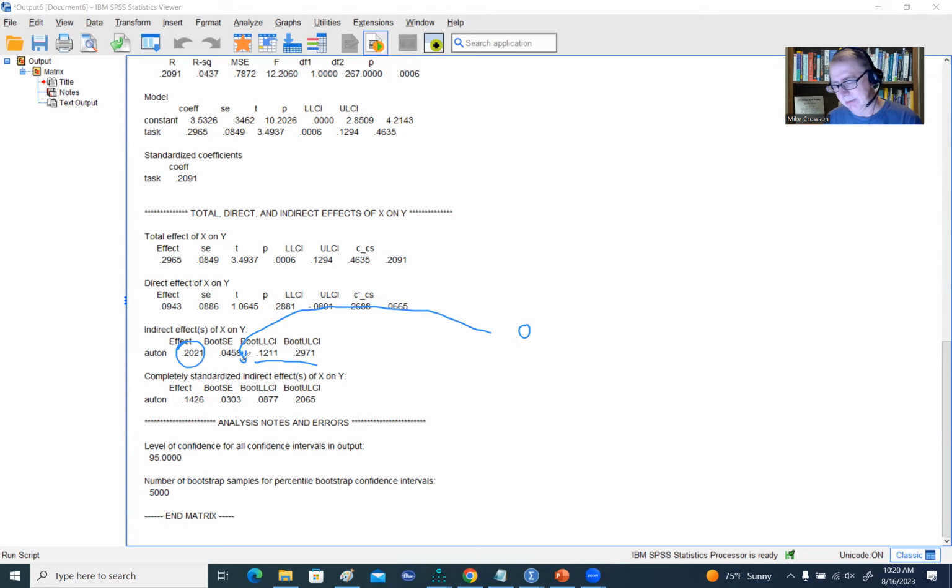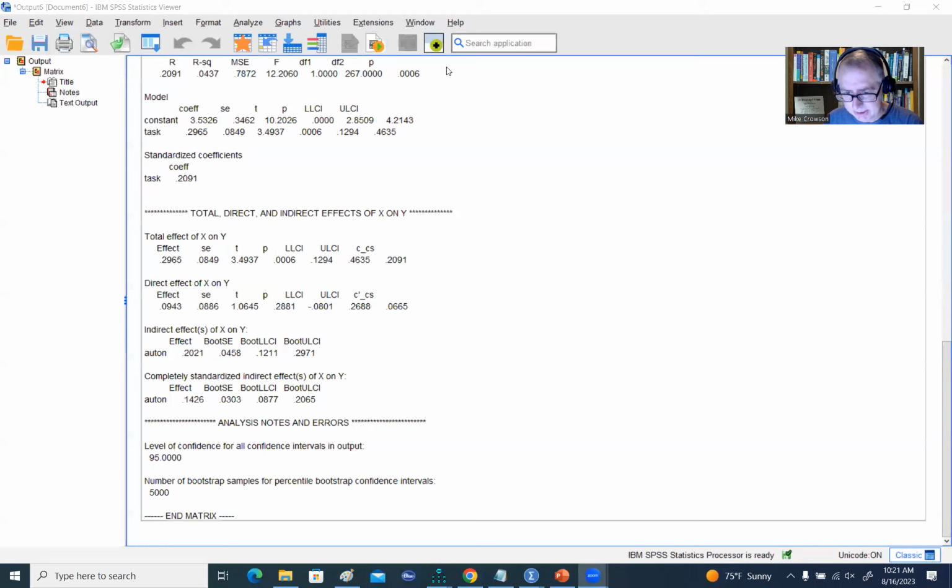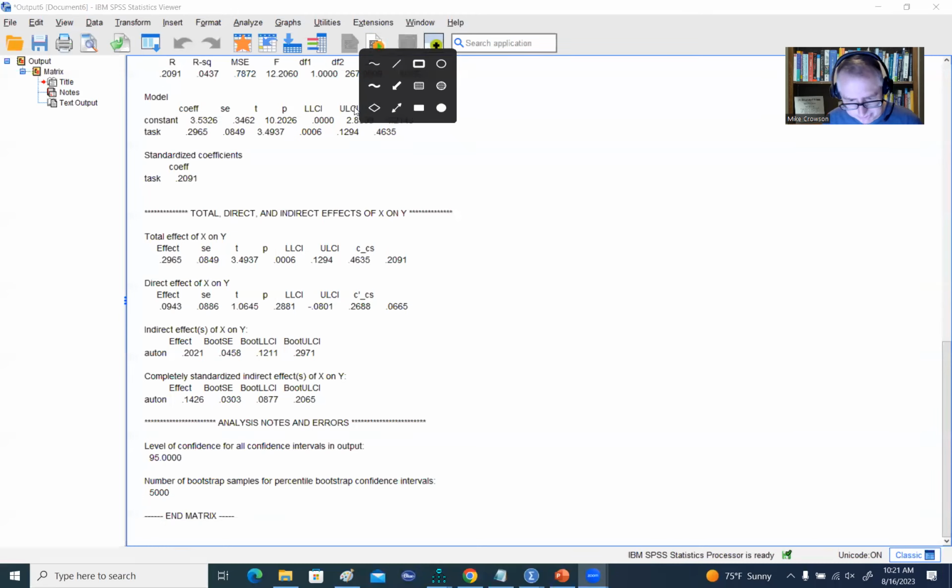Because of that, we would reject the null of no indirect effect and conclude that the indirect effect is statistically significant. So again, if 0 falls outside of the lower and upper bound of the bootstrap confidence interval, then we would conclude that we have a significant indirect effect, and that would be consistent with our assumption that there's mediation taking place.